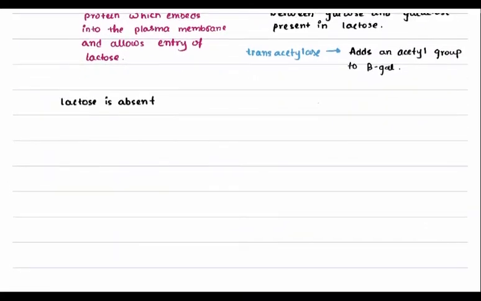When lactose is absent, what happens? If I draw it over here once more, if this is the Z, this is the Y, and this is the A, this is the promoter and this is the operator, and this is lac I, and this is the promoter for lac I, then if lactose is absent, the repressor molecule will be formed, and this will bind to the operator over here.